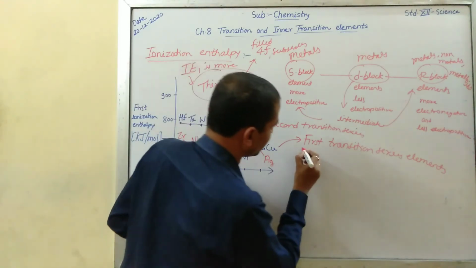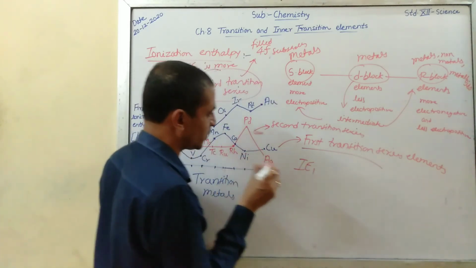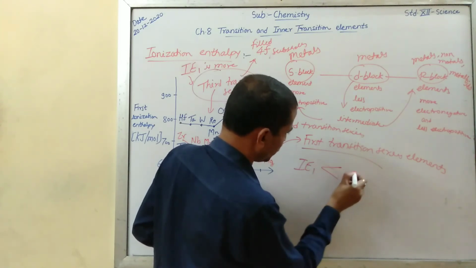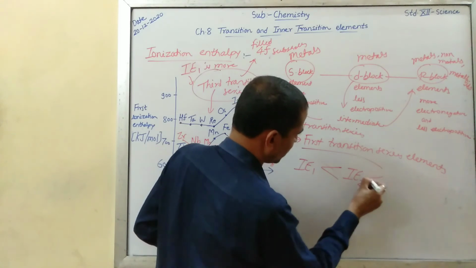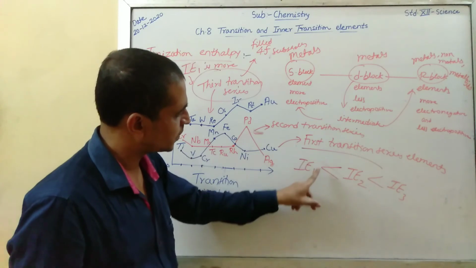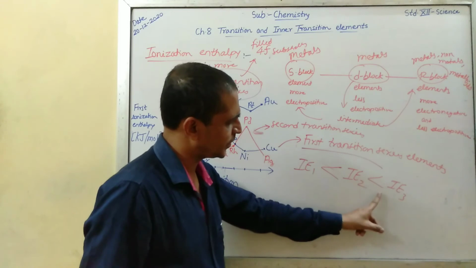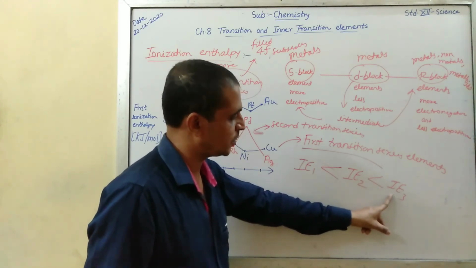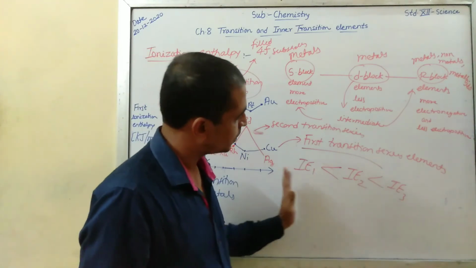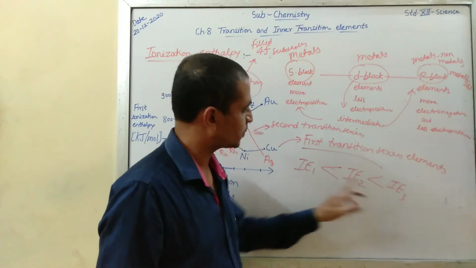Okay. Now see, in the first transition series, the first ionization enthalpy is less as compared to the IE2 and IE3. It means the first ionization enthalpy for every element is less than the second ionization enthalpy, which is also less than the third ionization enthalpy, because it is very difficult to remove electrons from a stable ion.